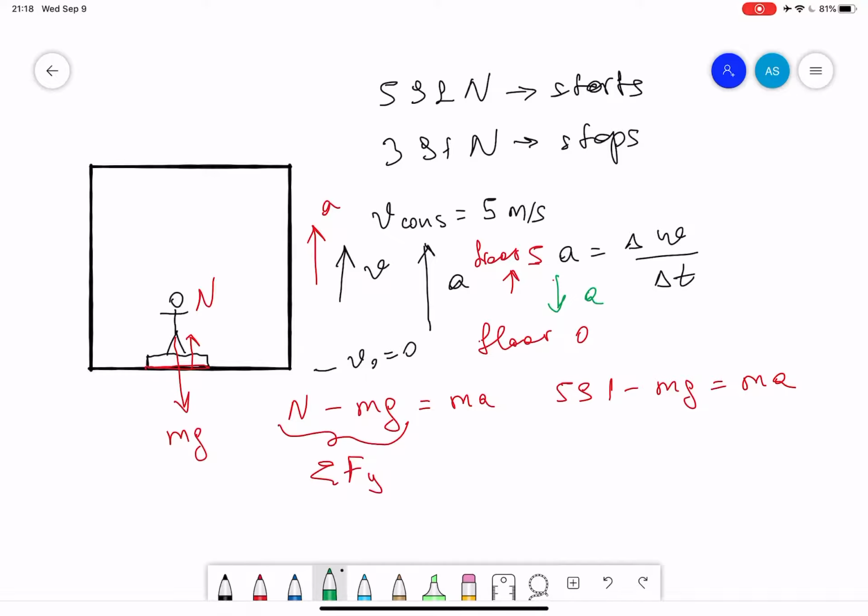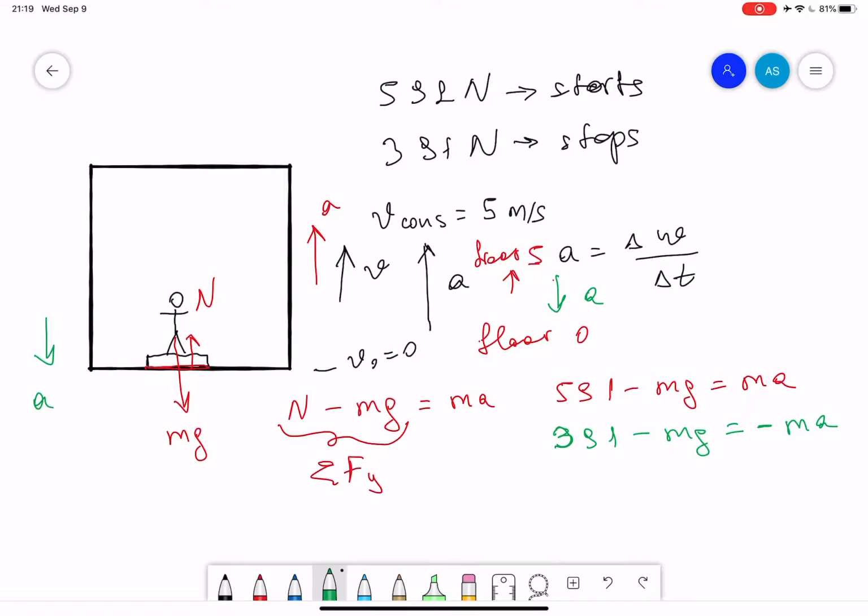When it's going from floor 0 to the 5th floor, the acceleration is upwards, but when it's going to stop, the acceleration will be pointing downwards, so that they can decelerate the elevator and stop it, okay? So in that case, we have 391, normal force stays the same, minus mg, which also stays the same, but in this case it is negative ma. Why? Because acceleration, when it's going to stop, will be pointing downwards, okay?